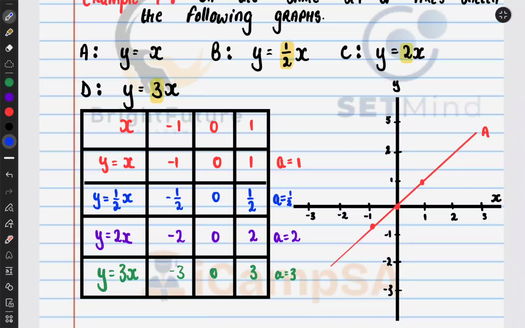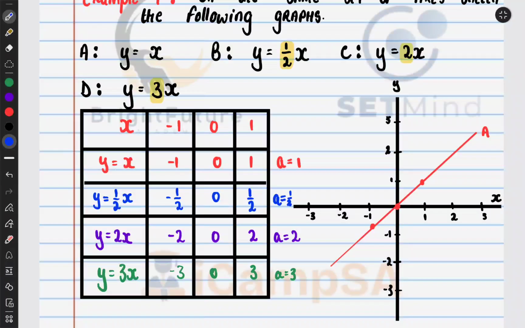So in other words, since we are decreasing the value of a, we are expecting the steepness of the function to reduce. So we are expecting the function to move a little bit away from the y-axis. But let's plot the points and see what happens.